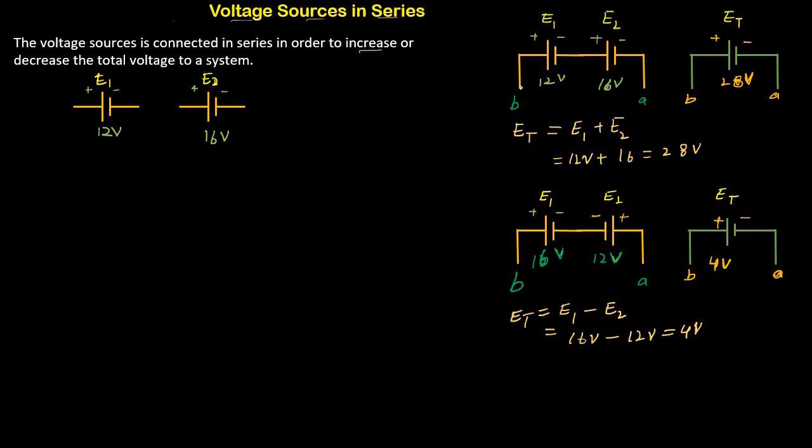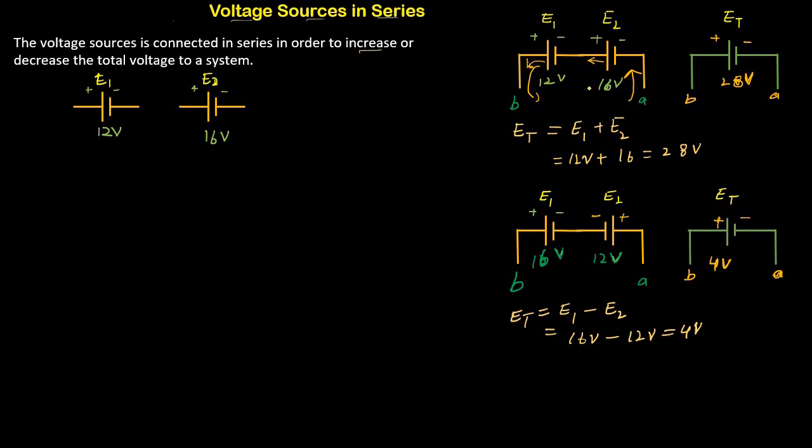So for this case, the direction of the current would be from B towards A, because the direction of this DC voltage source is from positive towards the negative, and of this DC voltage source also from positive towards negative.